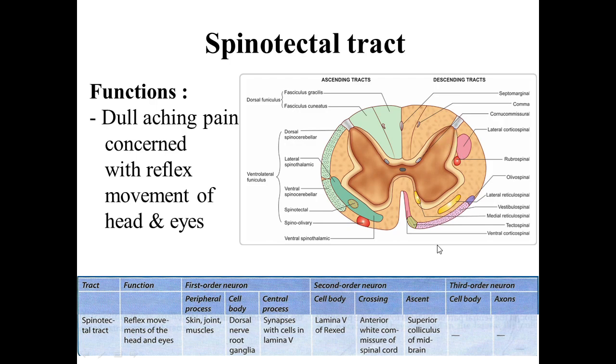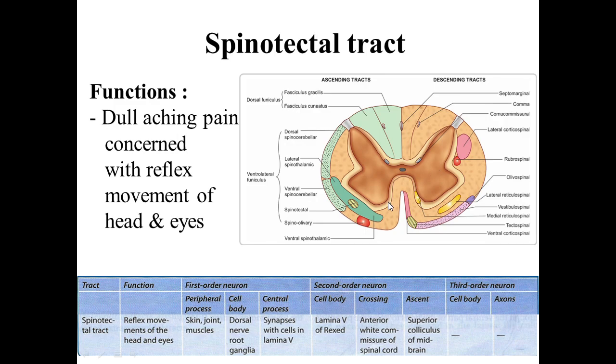Now in this, the peripheral organ is the skin, joints and muscles, and the fibers conveying these sensations enter into the dorsal root ganglia. From there they enter into the gray matter of the spinal cord in lamina 5, and from lamina 5 the second order sensory neuron arises.